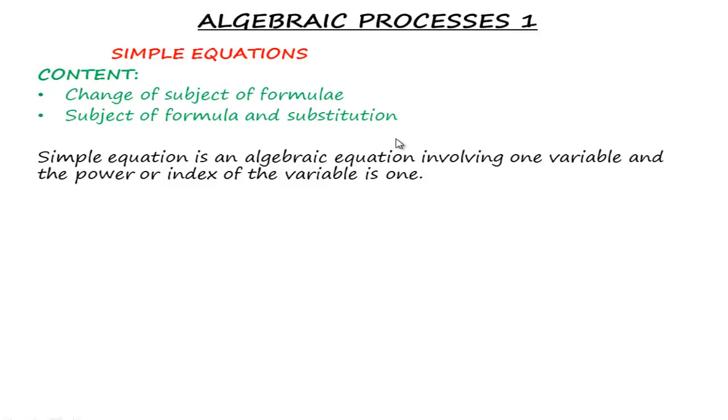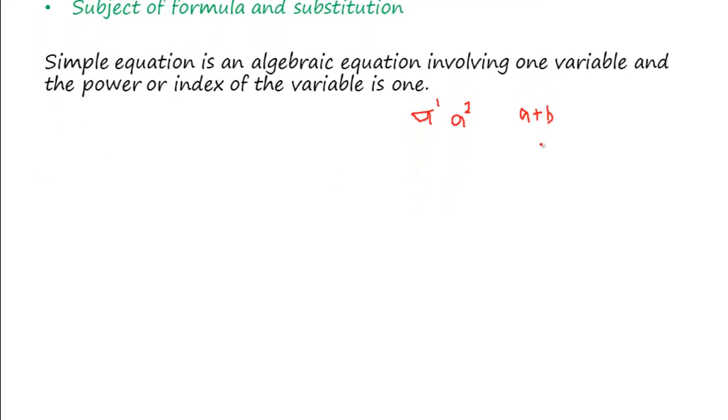Are you seeing it now? That is what they are talking about. Is this any equation that doesn't have raised to power more than 1? If it is 2, we are talking about quadratic. Are you following? But if it is 1, so a plus b is a simple equation.